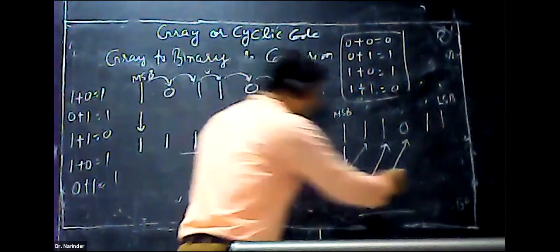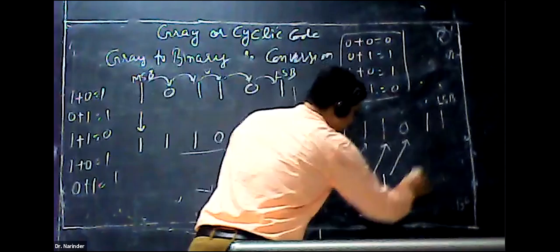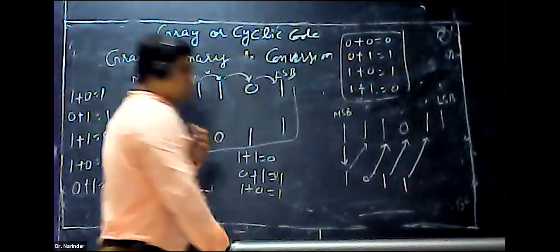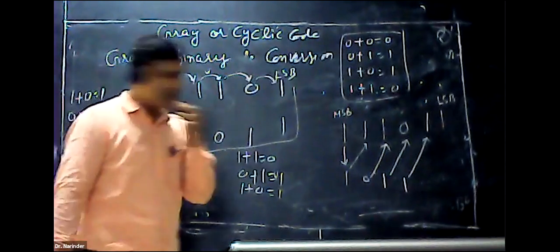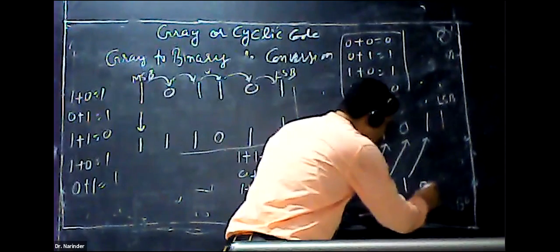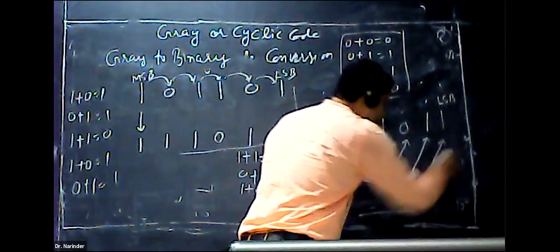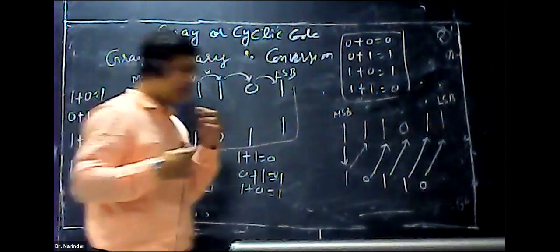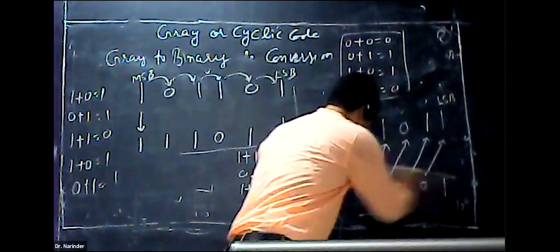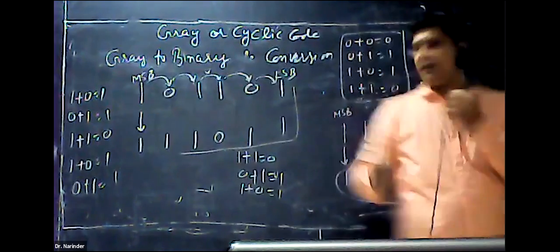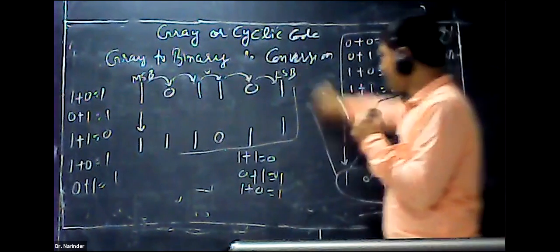So write here 1. Now this is 1 plus 1. So what about 1 plus 1? That is 0. Write here 0. Now there is a 0 plus 1. 0 plus 1 is 1. So you can compare this number, and you will find it is identical.